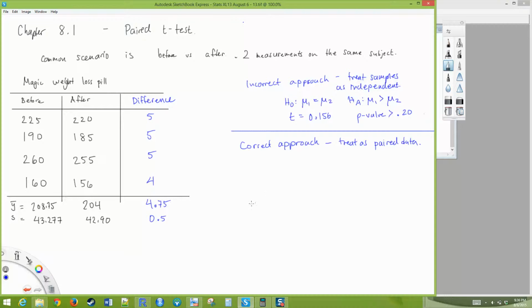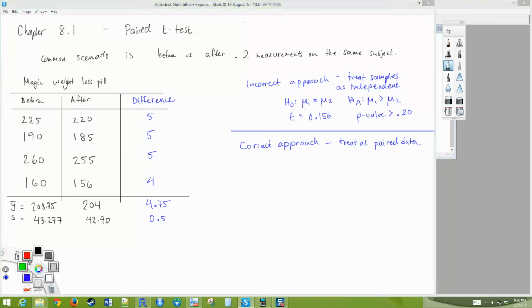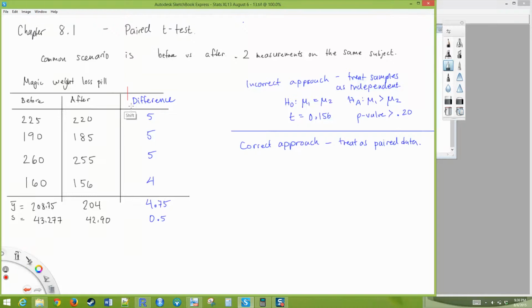Okay. All right, and so there's an important distinction here. You calculate the difference column, and then this is the only column that matters now. You ignore the other two columns.